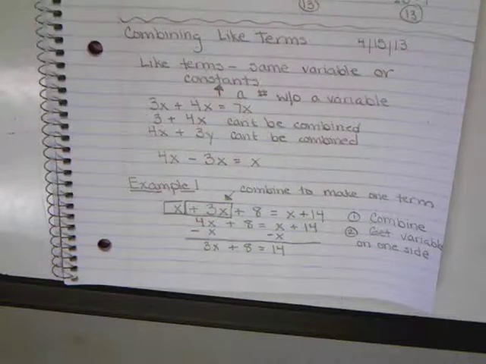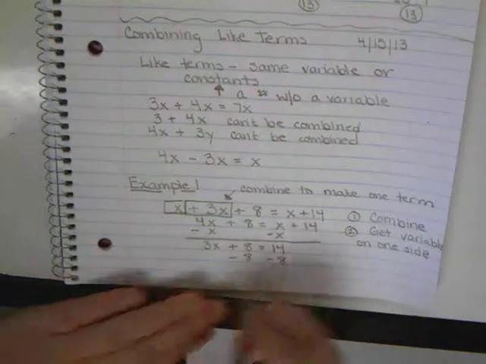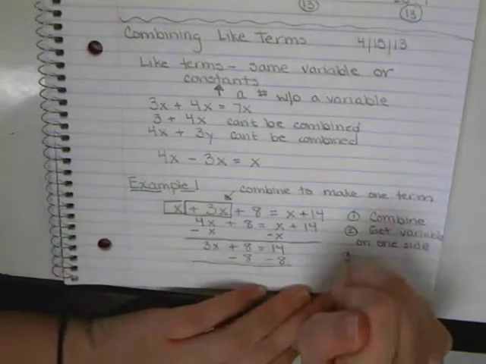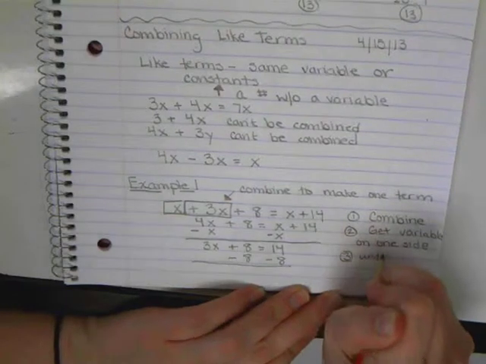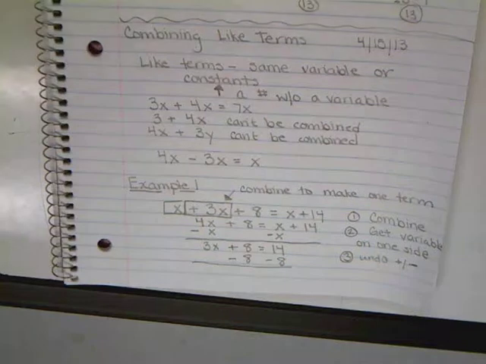I want to try to get that variable by itself, so I need to get everything away from it first. Subtract 8, subtract 8. Okay, so then I'm going to undo addition or subtraction. Take away 8, take away 8.